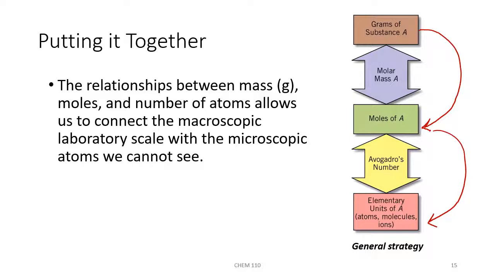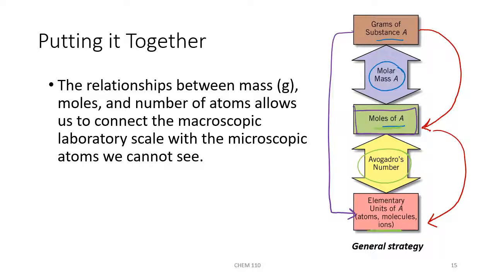The link between grams of a substance and moles is always going to be the molar mass, and we'll have to either calculate that or determine it from the periodic table. And the link between moles of a substance and particle units will be Avogadro's number, N sub A. So in order to convert all the way from grams into particle units, we always have to stop at Moletown in the middle.